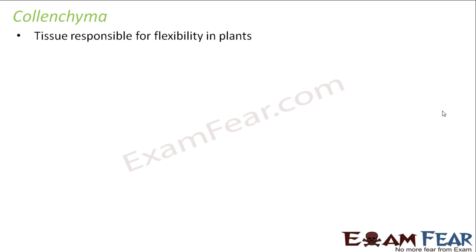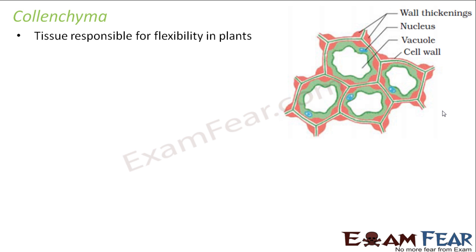Or even the stem, you can bend it, even if there is a wind, it can bend without breaking, right? All these things happen because it has flexibility. If it doesn't have flexibility, it will not bend or twist, right? So the tissue which is responsible for flexibility in plants is Collenchyma.